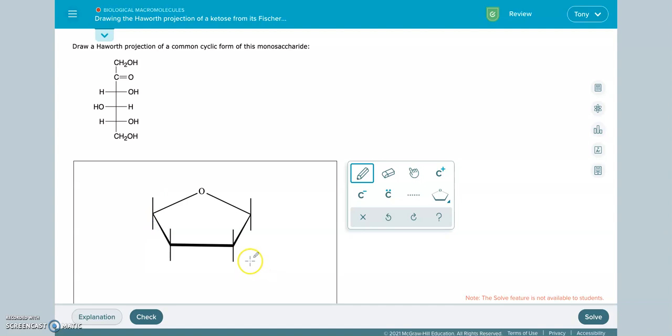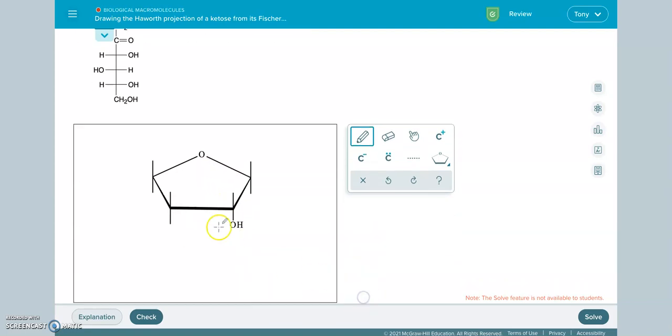Then we can start, again, from this down group right here, right? If we imagine rotating this and turning this thing like we talked about previously, then this is going to be an OH. This is going to be an H, so we're right here. This one, again, remember we're rotating this bottom group, so the OH is down, so then this one's going to be an H over here.